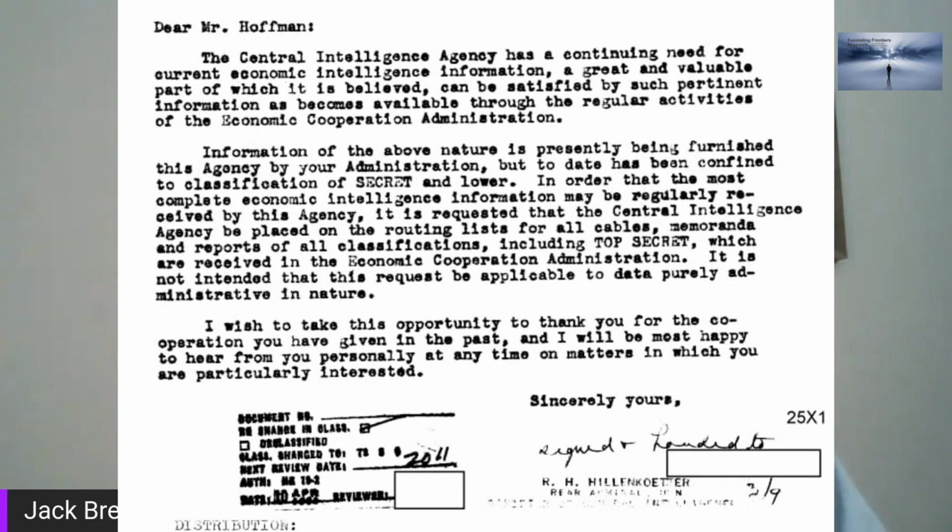In this 1949 letter, he was clarifying that the ECA and the CIA had an existing relationship, and that he wanted to up the information he was receiving from the ECA to raise its level of classification. He wanted to take it from secret to include top secret. And the ECA was a government organization. It was not considered an intelligence agency.